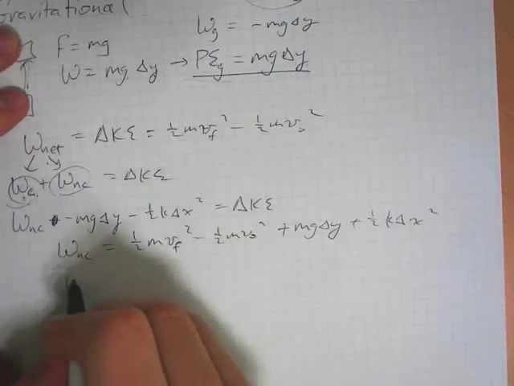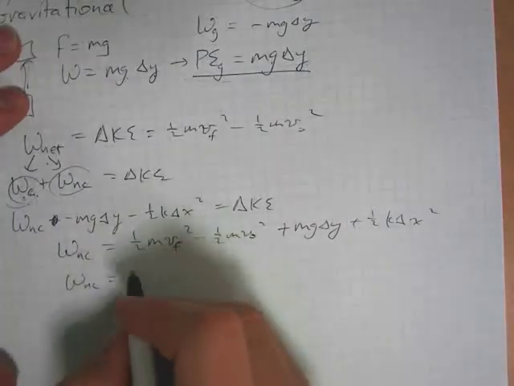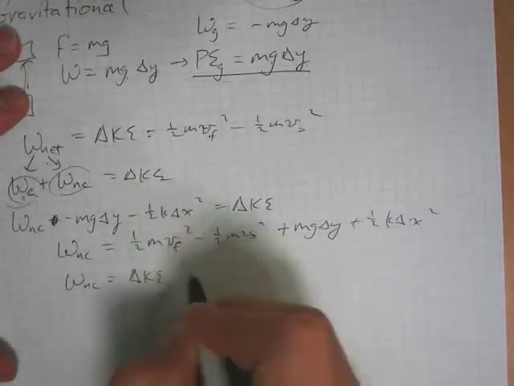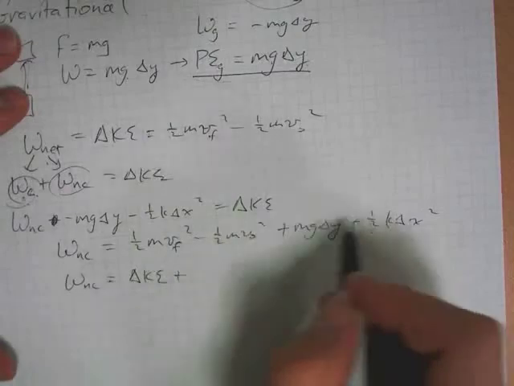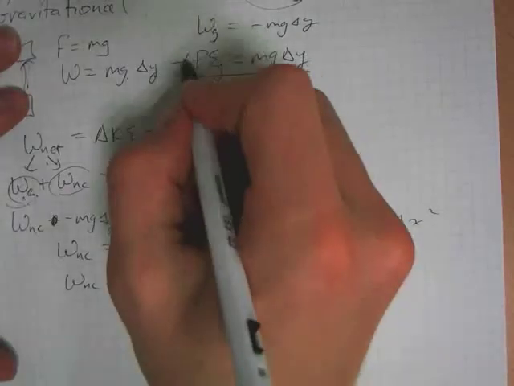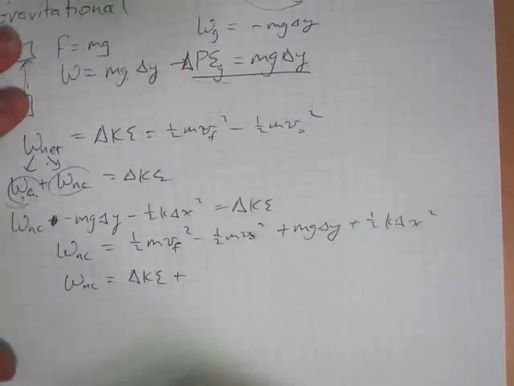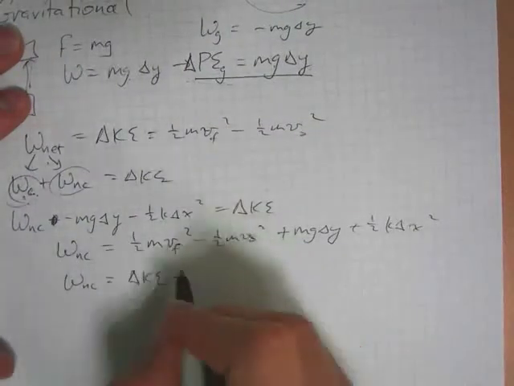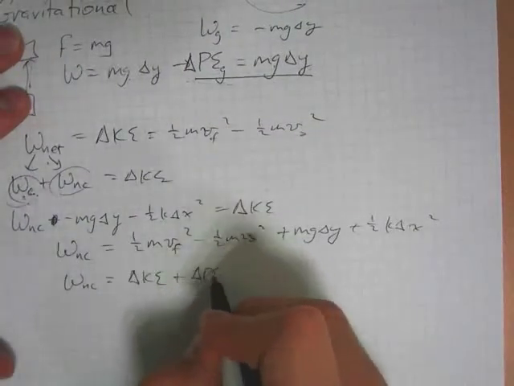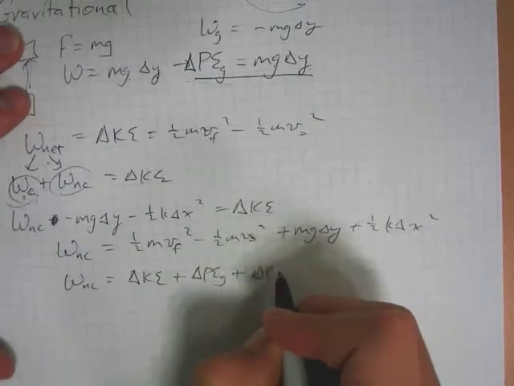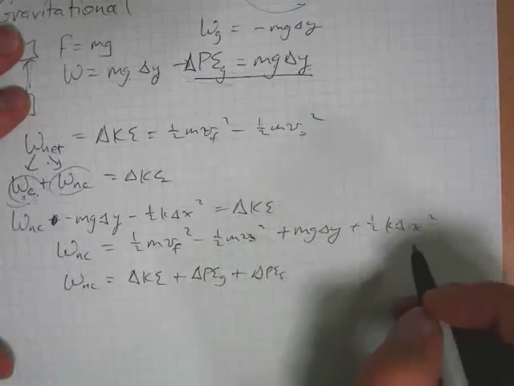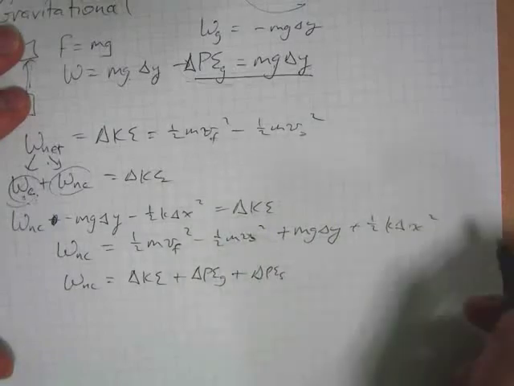So we have work done by non-conservative forces is a change in kinetic energy plus, these are all changes in gravitational potential energy, plus a delta PE gravitational plus a delta PE spring. And later on we'll find out that there's a potential energy from electric force, and that would go over here as well.